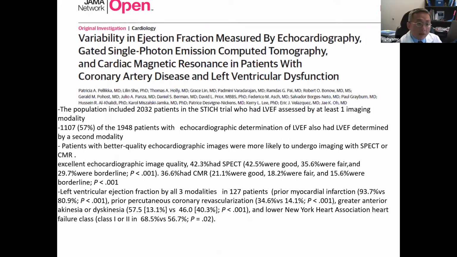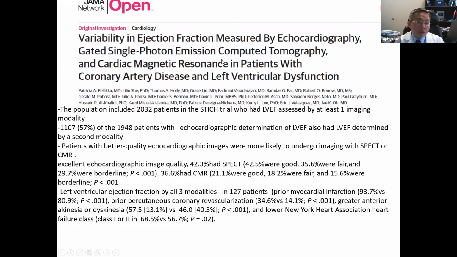But this paper is not one where every patient gets all different kinds of techniques to calculate EF and look for correlation. This is more real life, in which the EF was assessed and we see what lessons we can get in terms of how this impacts how you manage the patient.